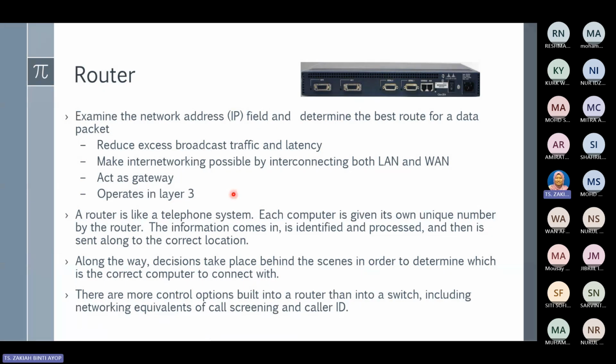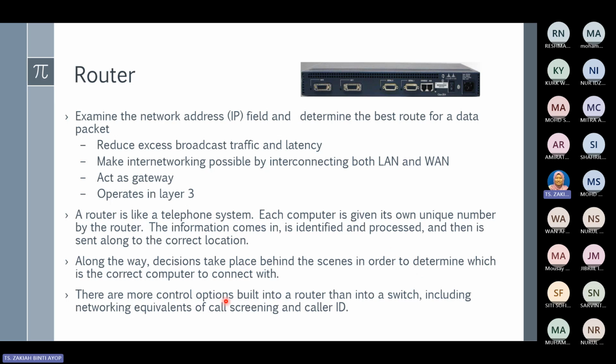Now, a router is like a telephone system where each computer is given its own unique number by the router. The information comes in, is identified and processed, and then is sent along to the correct locations. Along the way, decisions take place behind the scenes to determine which is the correct computer to connect with.